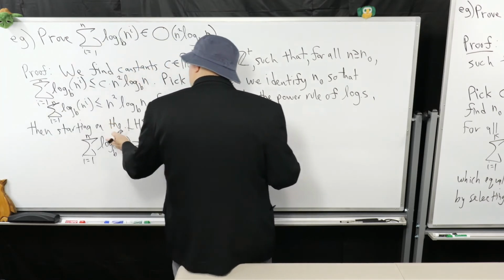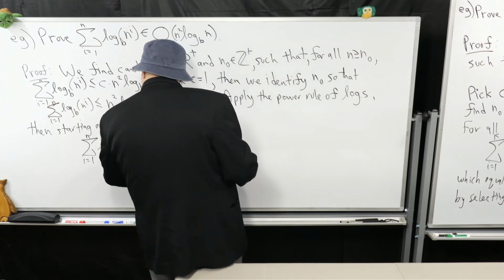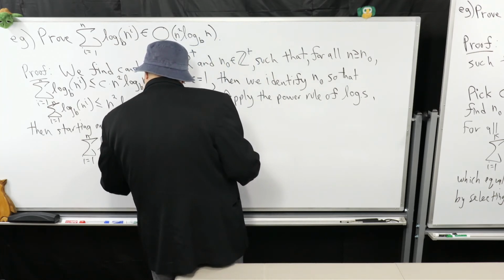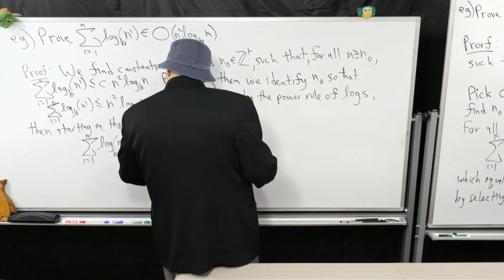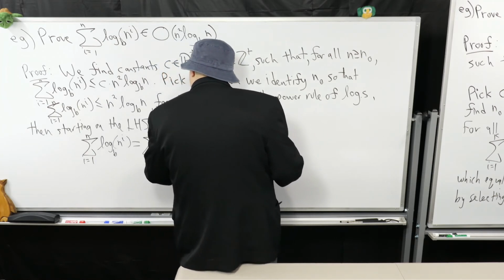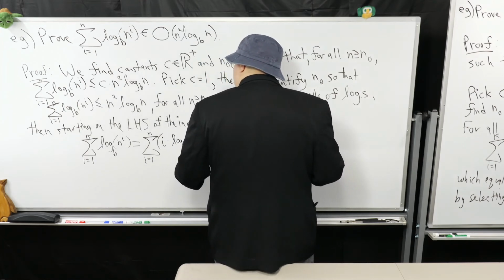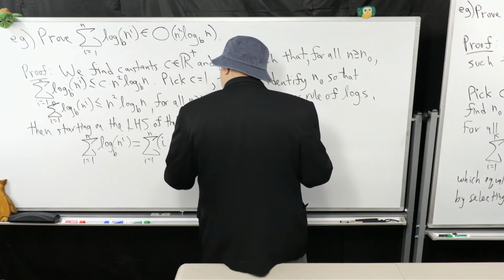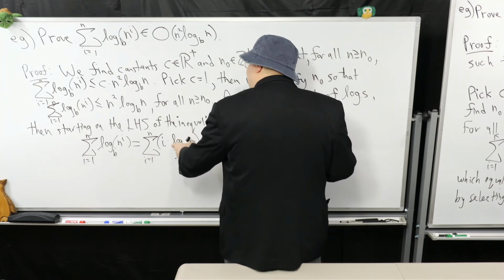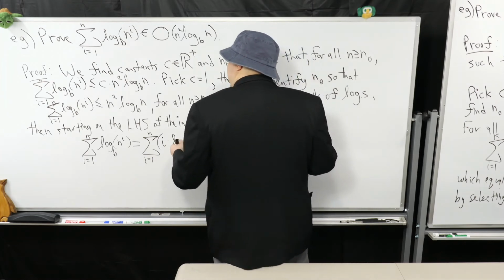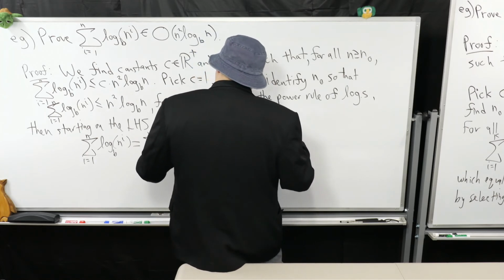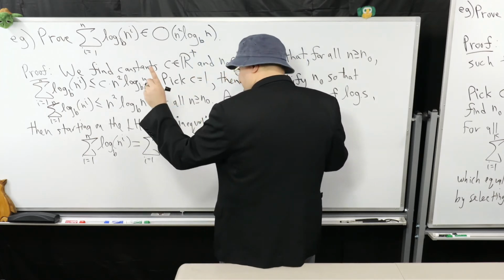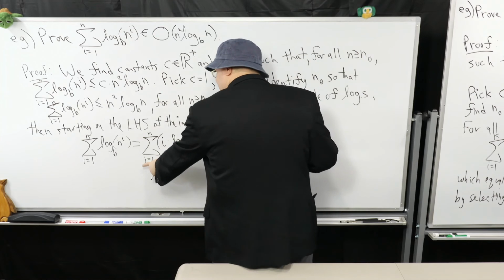I'm going to use the power rule right here. Then I'm going to split by just pulling this log base b of n out of the summation, because every term depends on that one being multiplied, but it doesn't actually depend on n. Sorry, i. Remember, read your sums carefully. We're talking about i here.